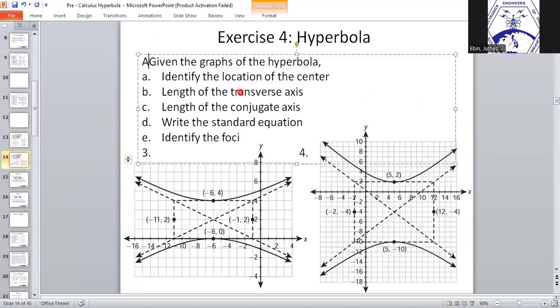Exercise number 4, letter A. Ayan. So, given yung graph ng hyperbola, identify the center, transverse axis, conjugate axis, standard equation, and foci. So, isa-send ko sa inyo yung copy nito.